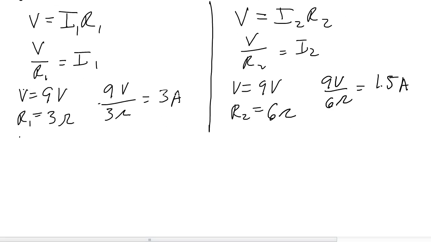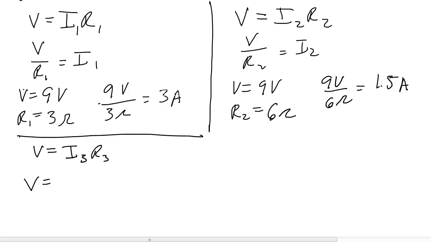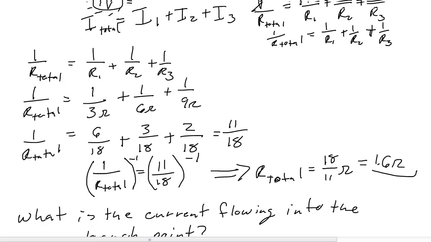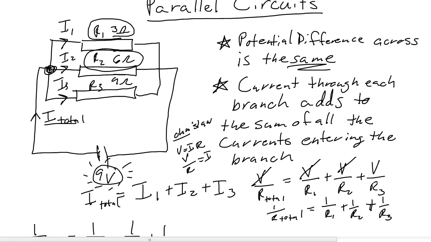Last one, for R3. V is equal to I3 R3. So we need to find V, which is 9 volts for all of them, and R3, which is, in this case, our last resistor, 9 ohms.